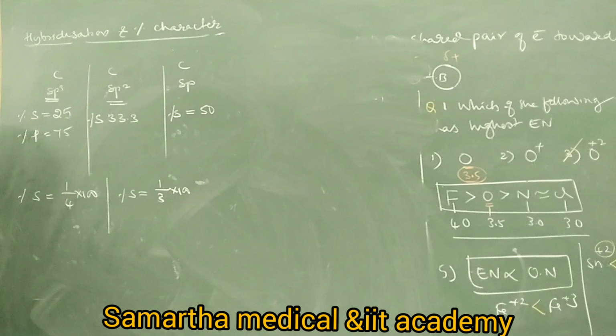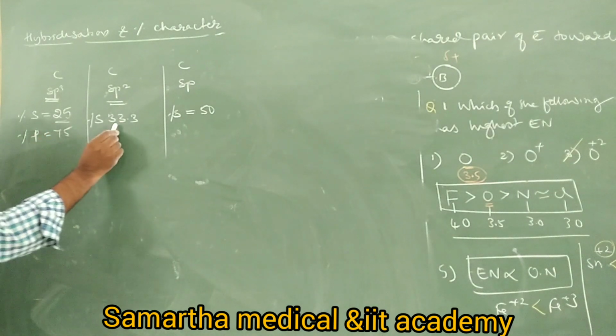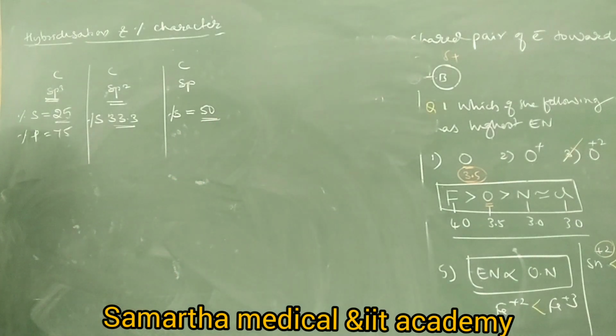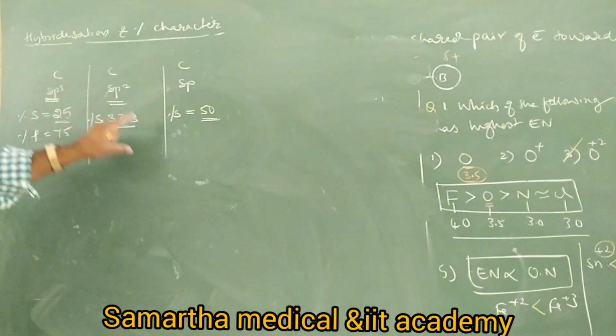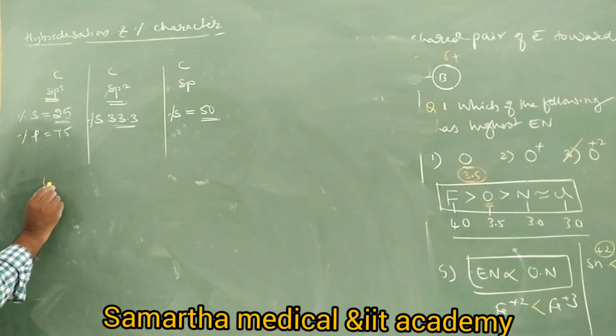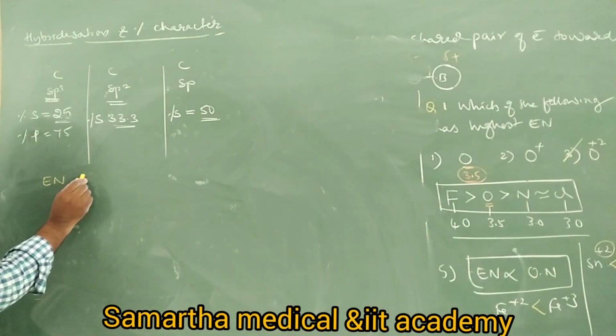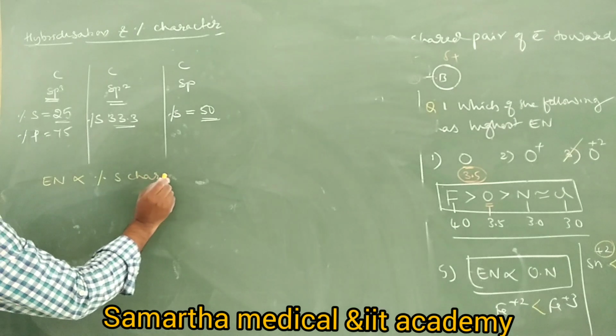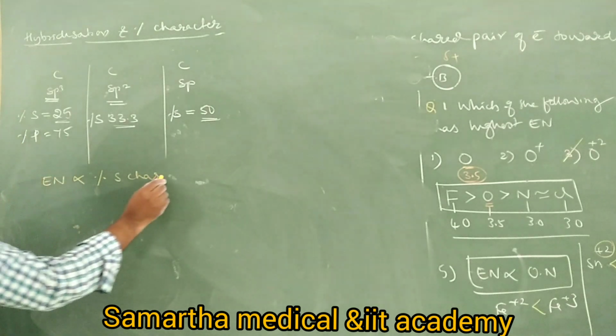So the percentage of S character varies with hybridization: 25, 33.33, and 50%. As the percentage of S character increases, electronegativity increases. Therefore, electronegativity is directly proportional to the percentage of S character, not P character, only S character.